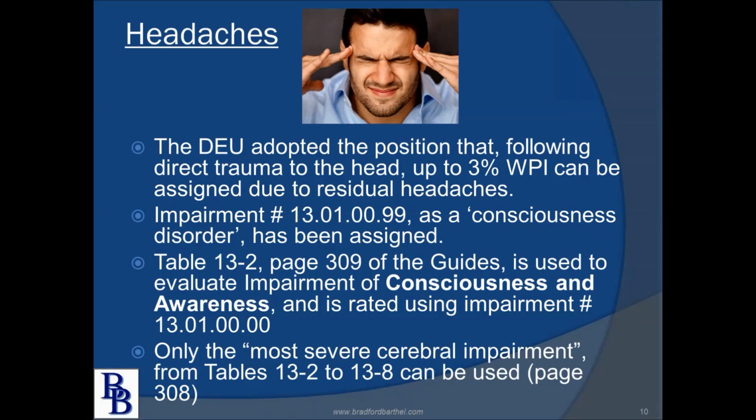Cerebral impairments are all those discussed in tables 13.2 to 13.8 of chapter 13. So the question that does not have a universal standard answer is, does that mean that 3% for headaches would be considered one of those cerebral impairments if there were others also assigned? That's not answered, but it's just something to think about. It occasionally comes up if there is indeed a neurological injury.